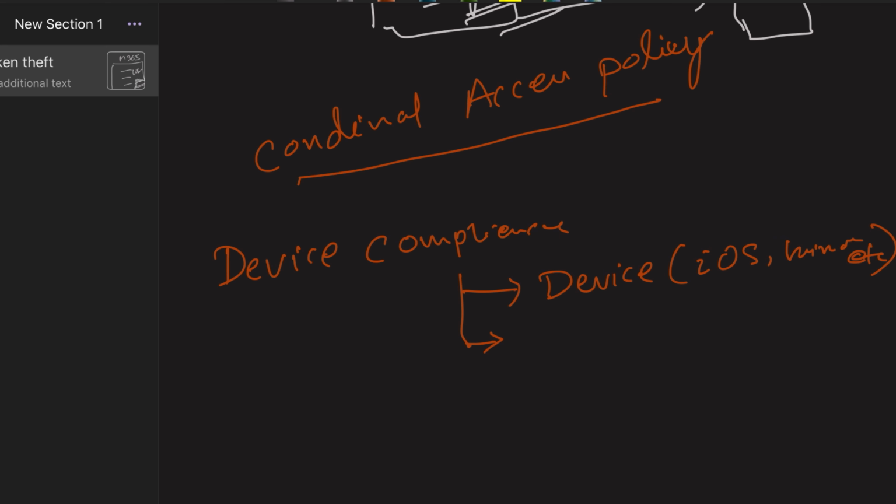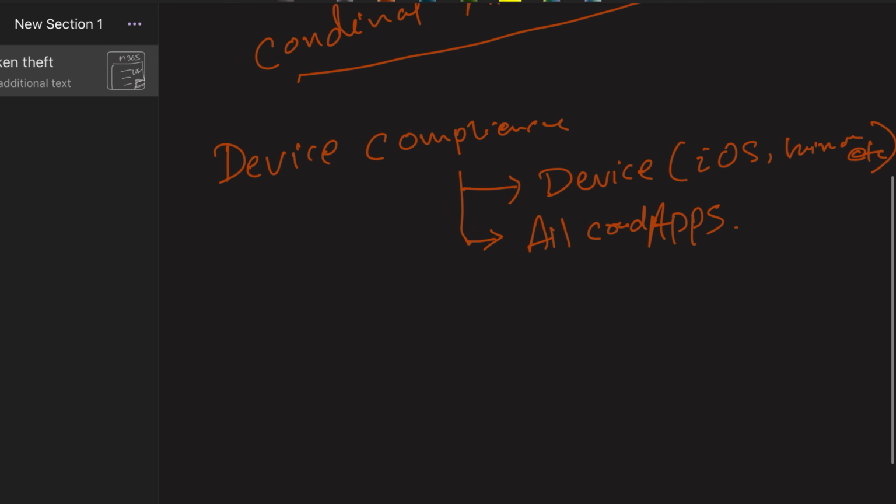In that same conditional access policy you can choose which applications. Is it all cloud apps? I can say yes, all cloud apps I can protect. Now, it is not just that the conditional access policy is sufficient.